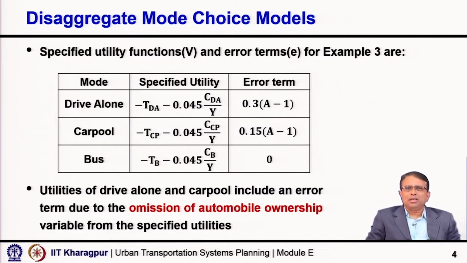So, the error terms in the drive alone utility and in the carpool utility are also shown here. Now, for bus there was no such error term, because bus utility is not impacted by car ownership. So, this error term for the bus was 0.